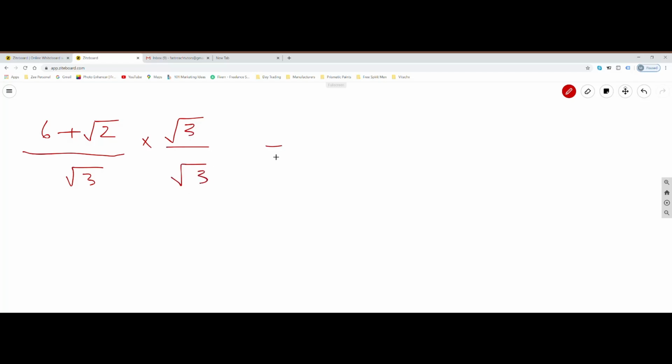So the bottom becomes 3. So 6 square root 3 plus square root 6. So that's the answer for 2A.